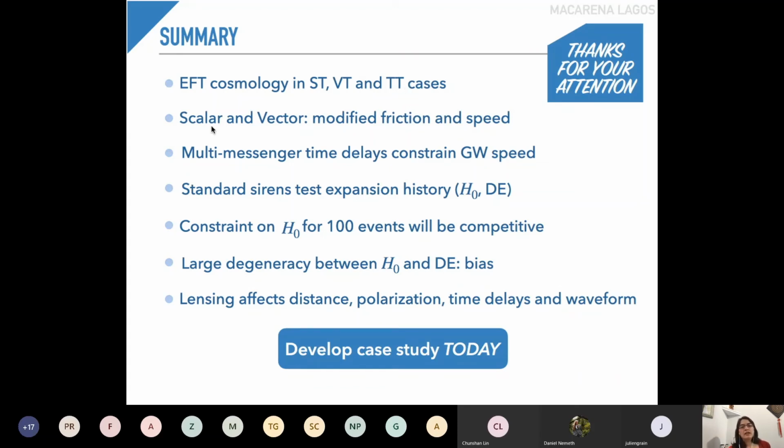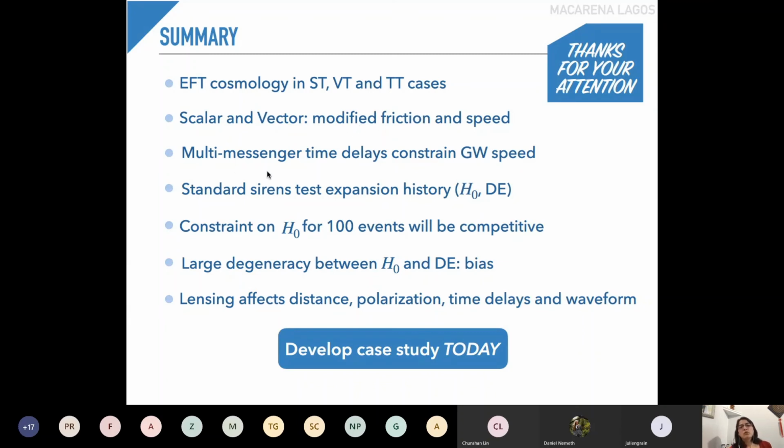I showed you that in the scalar and vector cases, those are the simplest cases in terms of how they affect gravitational waves, and they introduce 2 new kinds of physical effects. One is a change in the propagation speed, and the other one is a change in the friction that gravitational waves feel when they propagate over large distances.